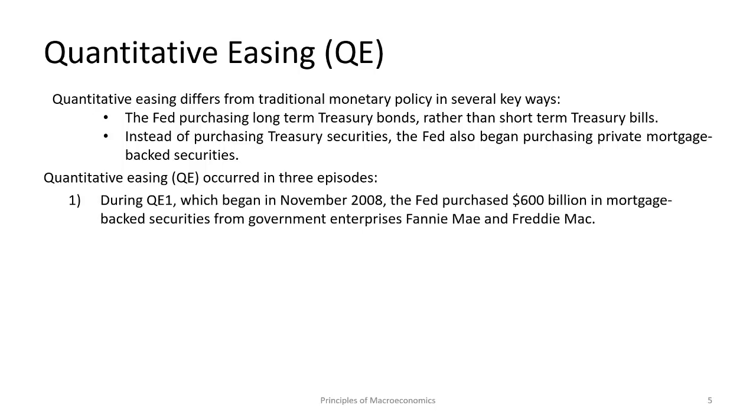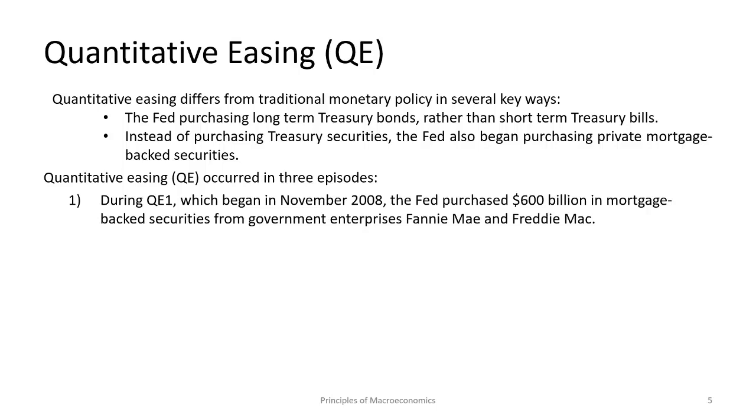First is known as QE1, which began in November 2008, where the Fed purchased 600 billion in mortgage-backed securities from government enterprises like Fannie Mae and Freddie Mac. Now, Fannie Mae and Freddie Mac are mortgage insurance companies. So they were underwater when the recession started.